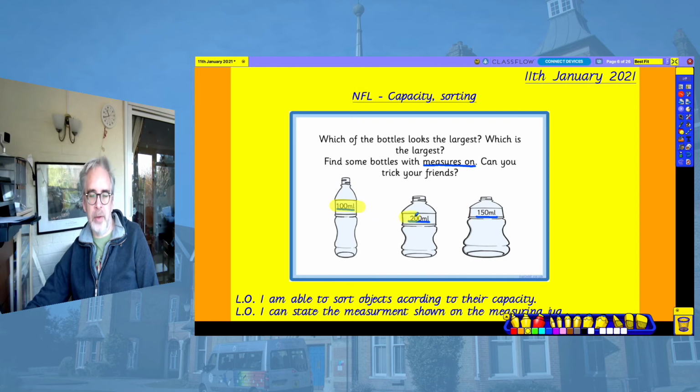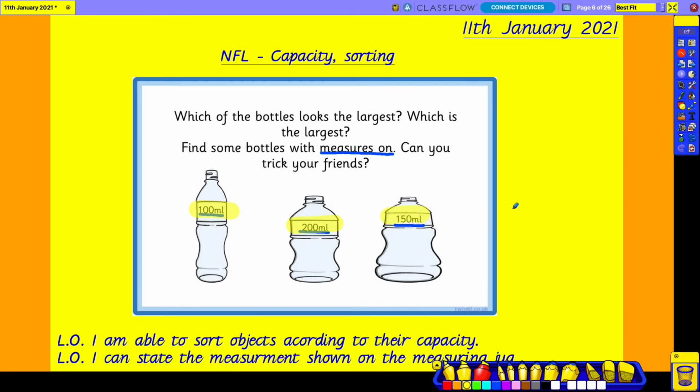Okay, this one says 200 millilitres and this one says 150 millilitres. I'm just going to bring that up a little bit closer for you, so you can see what we are talking about.